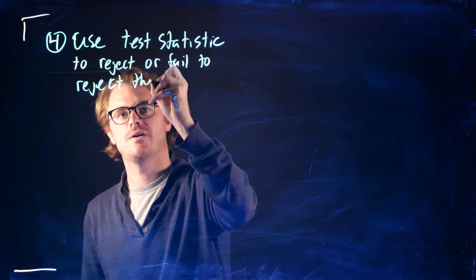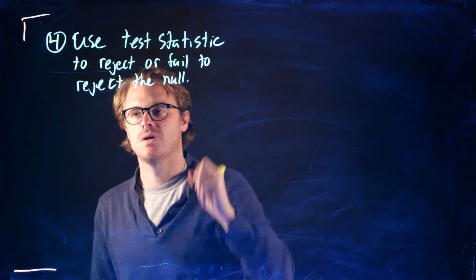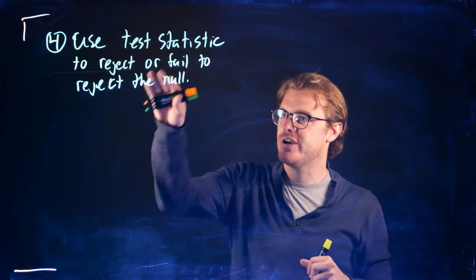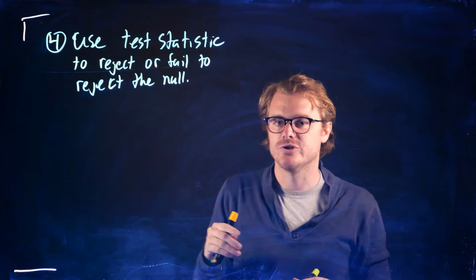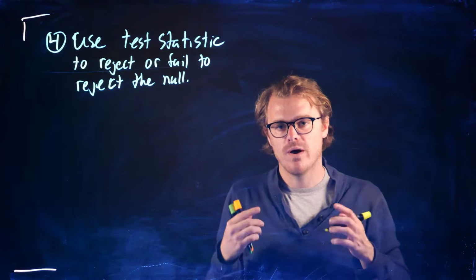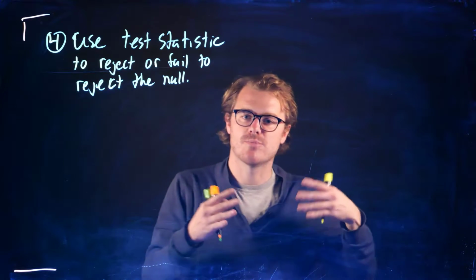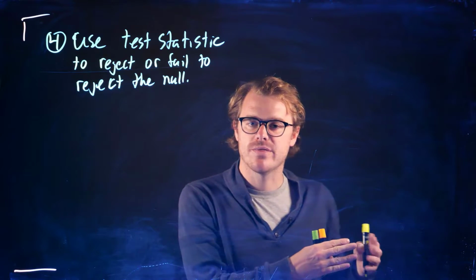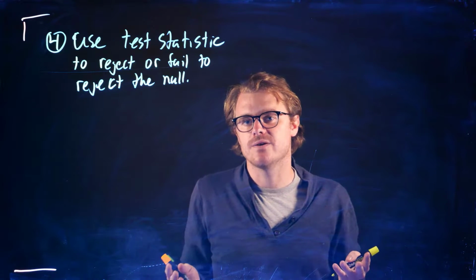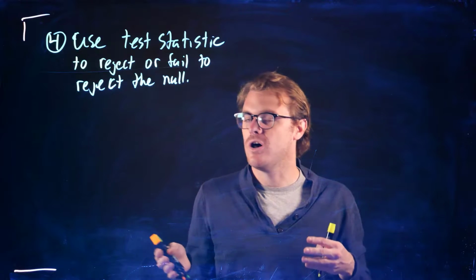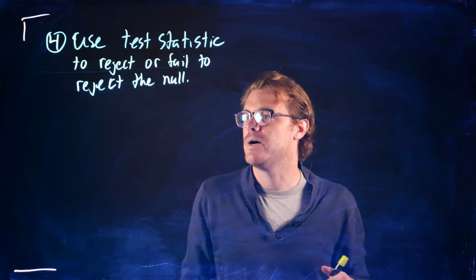In general, we can think of two different ways of coming to a conclusion with our test statistic. One way is to use critical values. This is probably a way that you're much more familiar with from your previous statistics courses, but we can also use p-values to make a conclusion about the test as well.